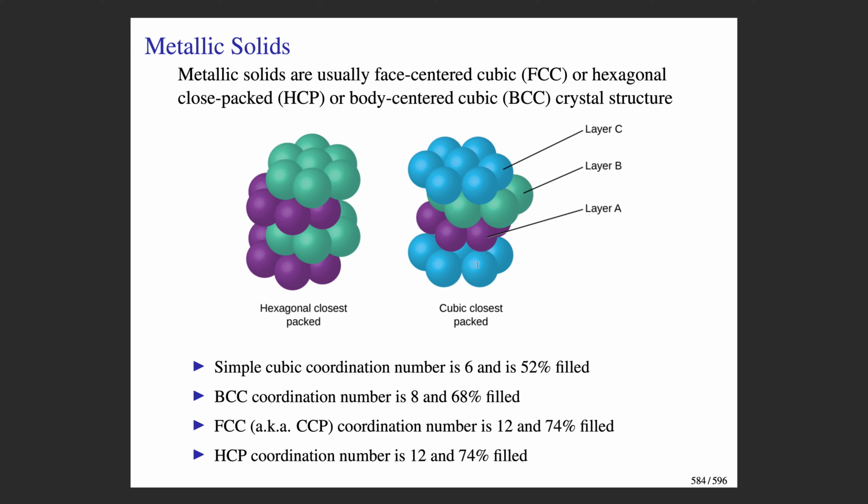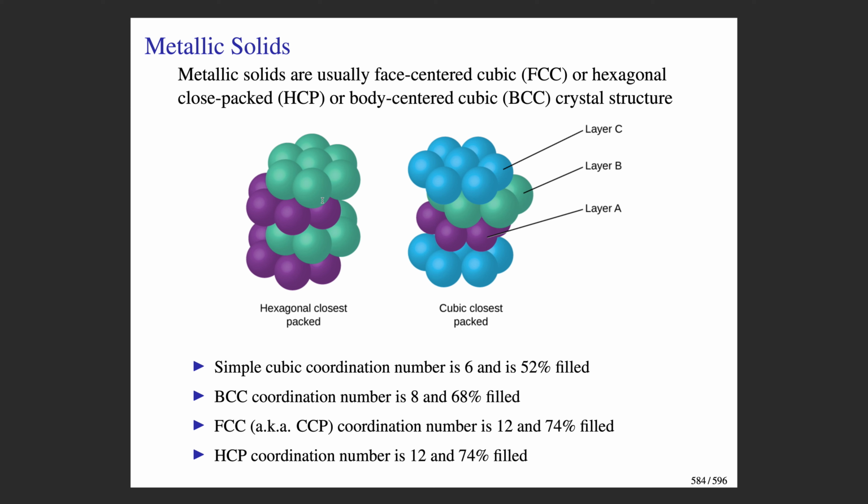They look somewhat similar, but they're actually a little bit different. In the cubic close-packed, or the FCC, there are actually 3 distinct layers, and then they start to repeat after that. Whereas in the hexagonal close-packed, there's actually 2 layers. And it really just depends upon how you stack the metal atoms on top of one another, so to speak. And down below are the different stats for them.